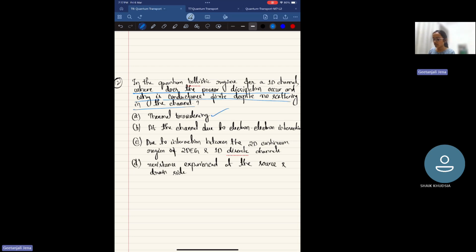Option A, thermal broadening. Option B, at the channel, due to the electron interaction, we see a power dissipation. Option C, it is due to the interaction between the 2D continuum region of the 2D electron gas and the 1D discrete channel. Or option D, resistance experienced at the source and drain side.